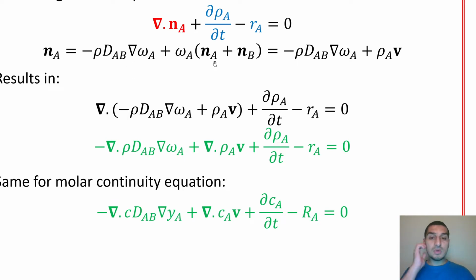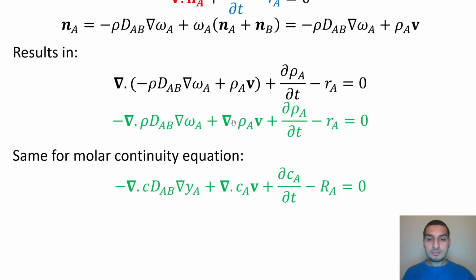And these two terms were discussed earlier in chapter 22, and we mentioned that this term represents the flux due to the concentration gradient, and this is the flux due to the bulk flow. So this is what we translated into this term, and this is what translates here into these two terms. So this term is the flux due to the concentration difference, this is the flux due to the bulk flow, this is the unsteady state term, and this is the rate term.